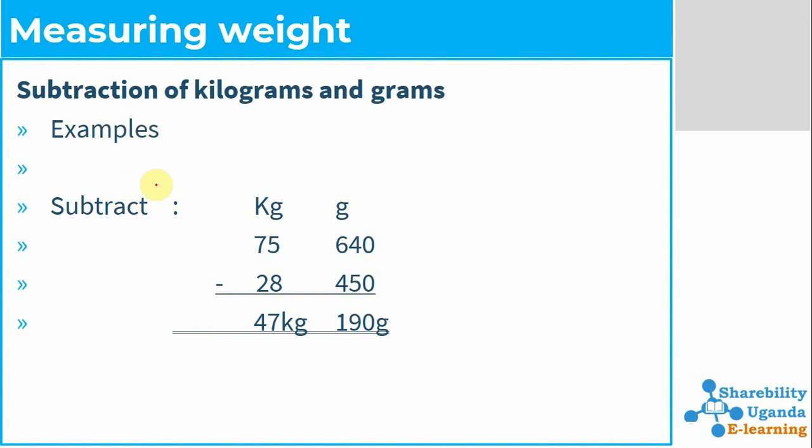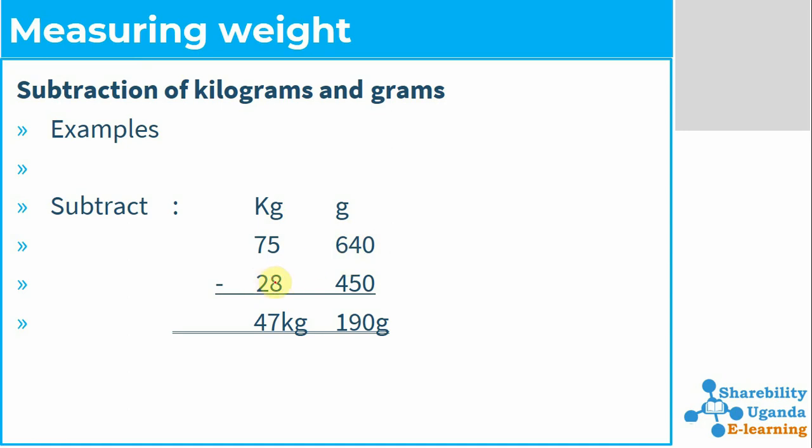We've been given an example here, and in this example, we are given 75 kilograms. You can arrange them in this format, then you just write these values here. So 75 kilograms and 640 grams.